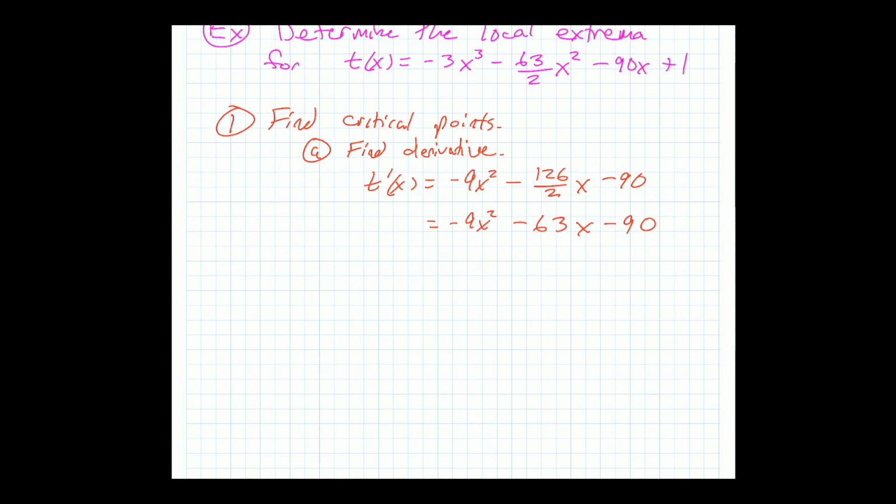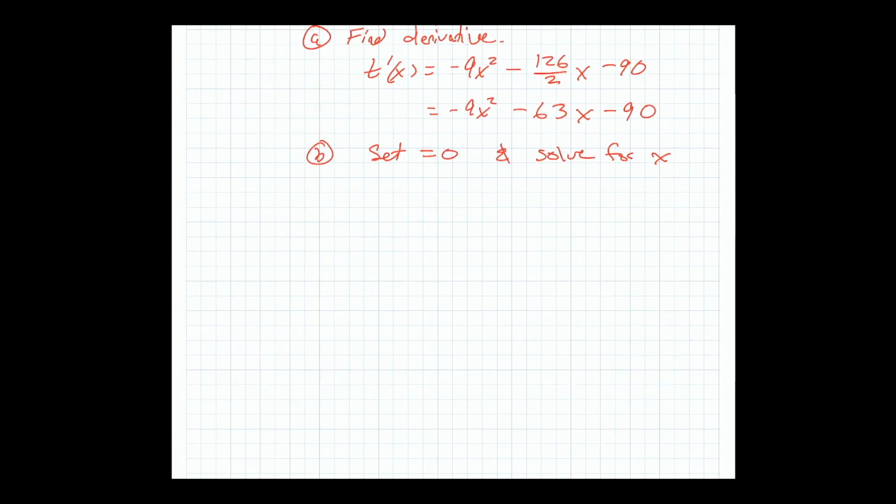There's your derivative. Now we need to look for places where this is 0 and undefined. So let's look for 0 first. Set equal to 0 and solve for x. So 0 is negative 9x squared minus 63x minus 90. Should factor out a 9 there. Looks like, actually, factor out a negative 9 there. That'll be better.